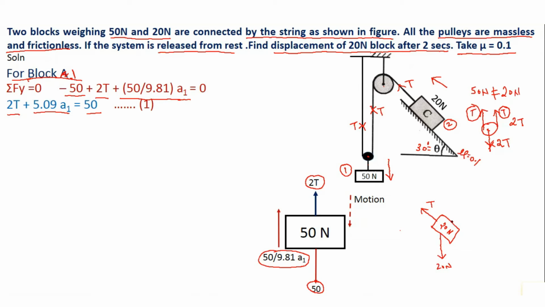Then the reaction from the contact surface. Yes, there is a contact of this block with the surface, so it will offer the contact reaction N. Next is the friction force. As this block is moving upside, the friction force will be towards downside with a value of 0.1 N. With this I have shown all the forces acting on this particular body.